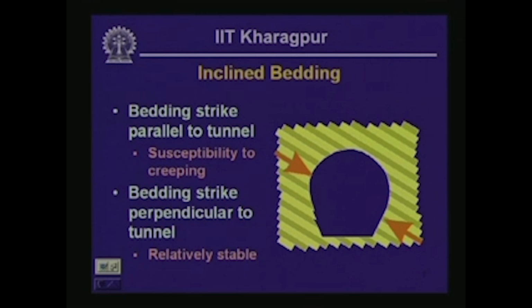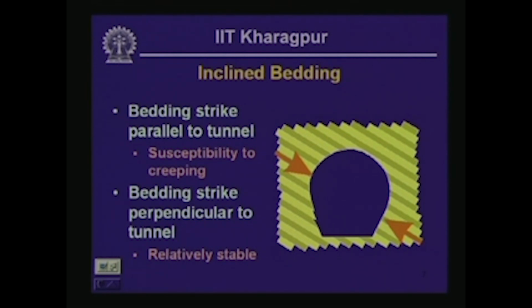So, here you can see that the portion which is to the top left of the tunnel alignment, we are again looking at the cross section of the tunnel. So, the portion which is towards the top left of the tunnel is closing into the tunnel, and this kind of a problem is called closure.